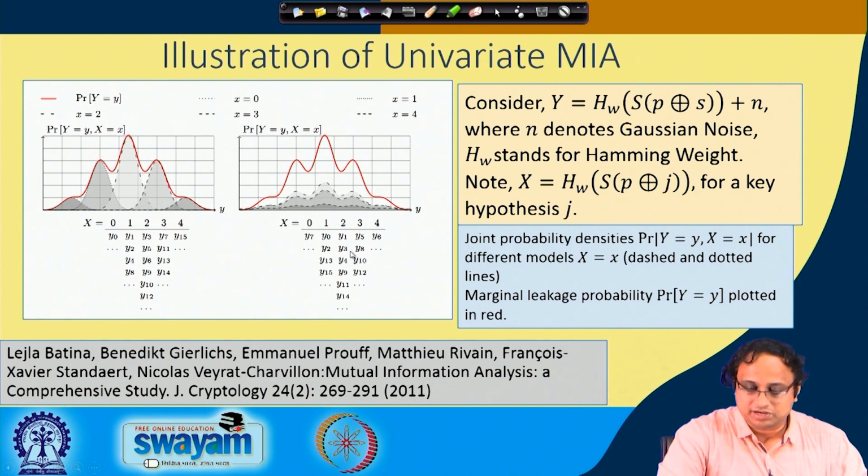But the interesting thing is that out of these, not every y value has a Hamming weight of 2. For example, y 3 has a Hamming weight of 2, and y 9 has a Hamming weight of 2.